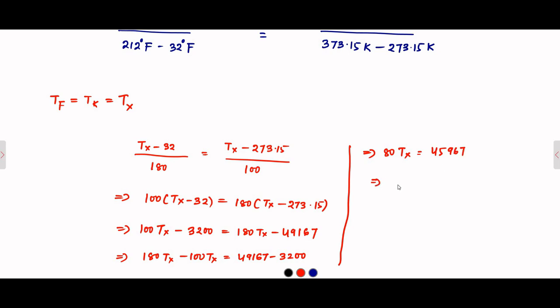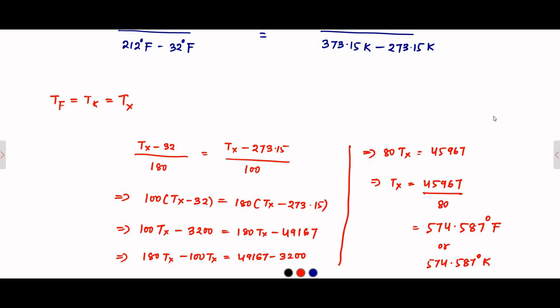That implies Tx is equal to 45967 by 80, which is coming around 574.587 degree. You can write it as 574.587 degree Fahrenheit or 574.587 Kelvin. Either way it will be the same result.